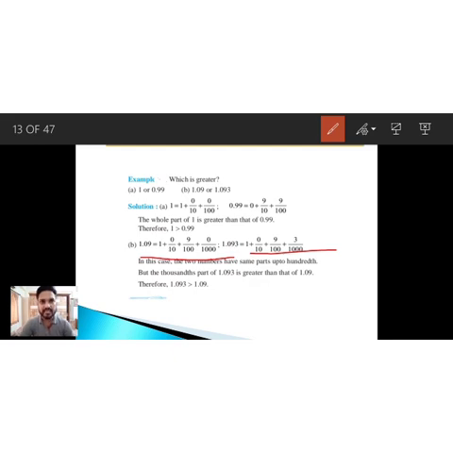In this case, the two numbers have the same parts up to the 100th, but the 1000th part of 1.093 is greater than that of 1.09. Therefore, 1.093 is greater than 1.09. Now we go to the next slide.